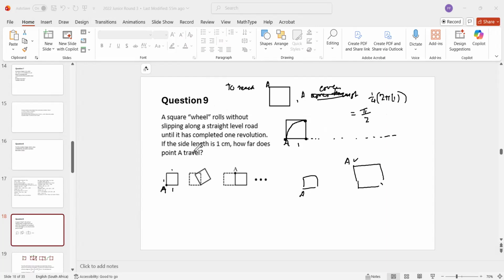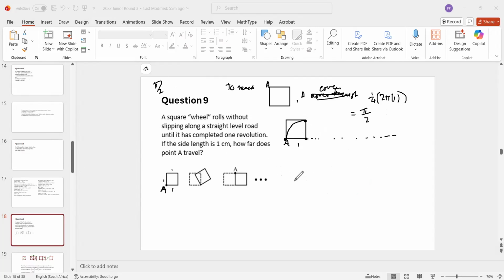All right, so we are now at this position here. I just want to keep track of how far A travels. In the first stage, it travels a quarter of a circle.